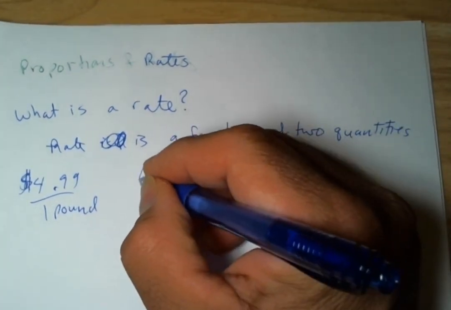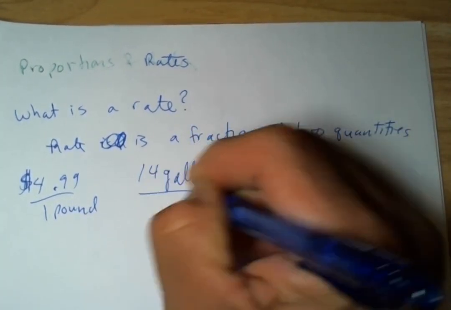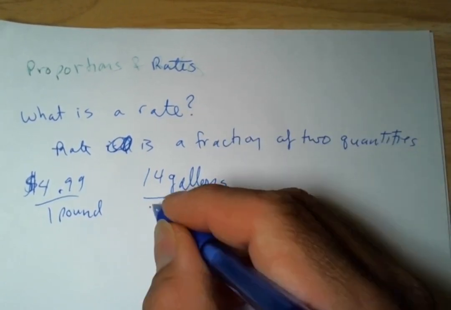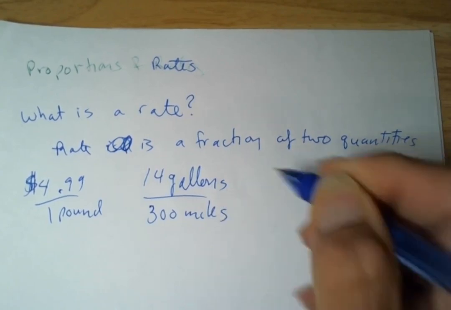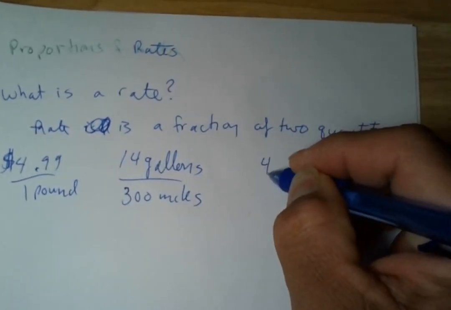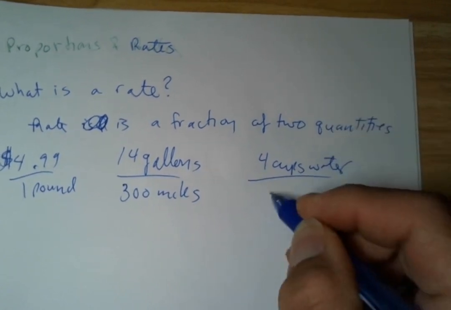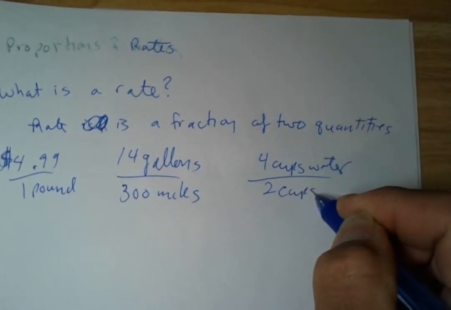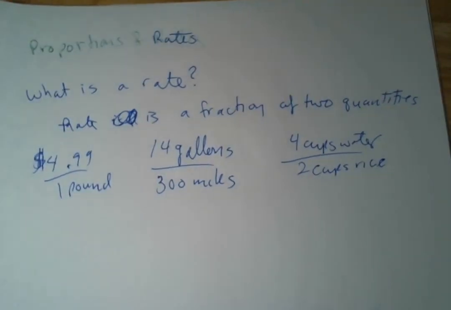Or let's say you've measured in your car that on 14 gallons you can go, let's say, 300 miles. Or let's say for 4 cups water, you can use 2 cups rice. These are all examples of rates.